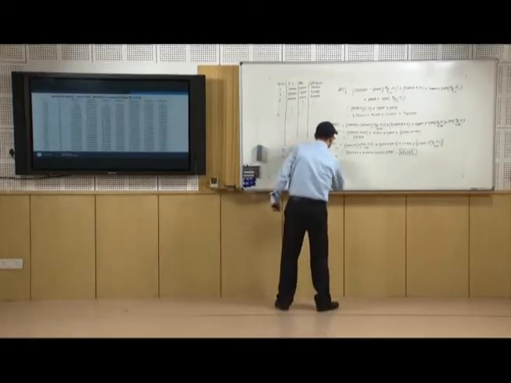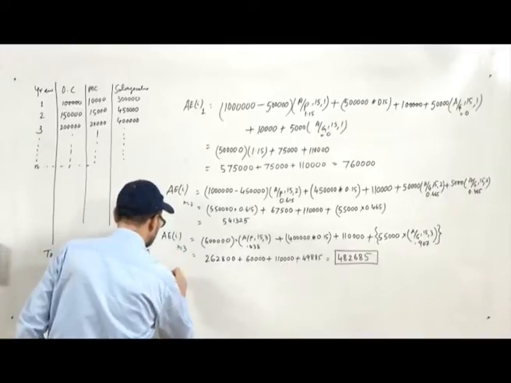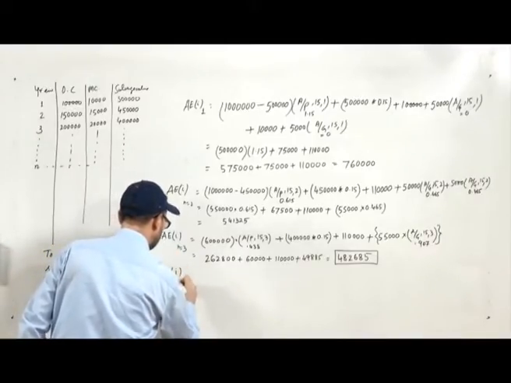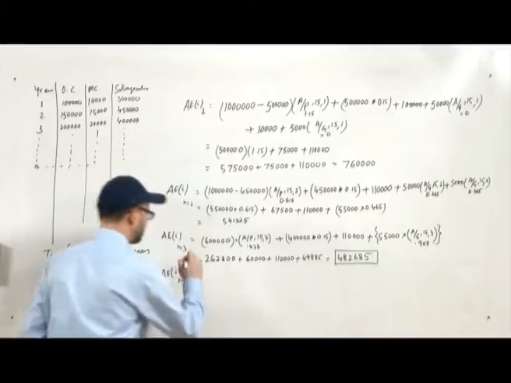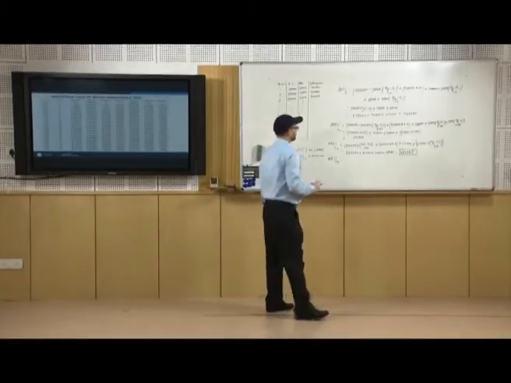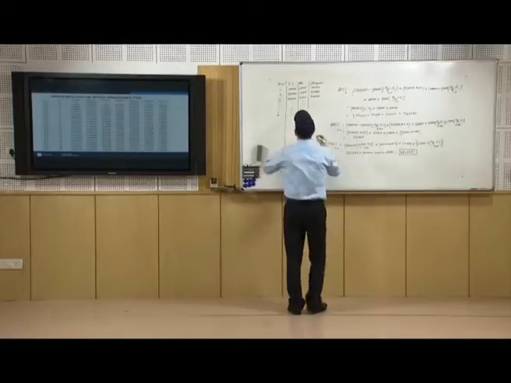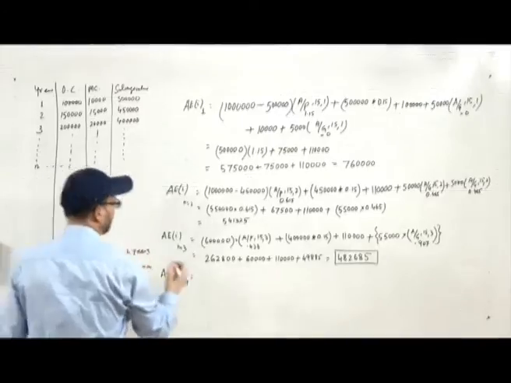So, if you go for 4 years, now in the fourth year the salvage value will be 3,50,000.